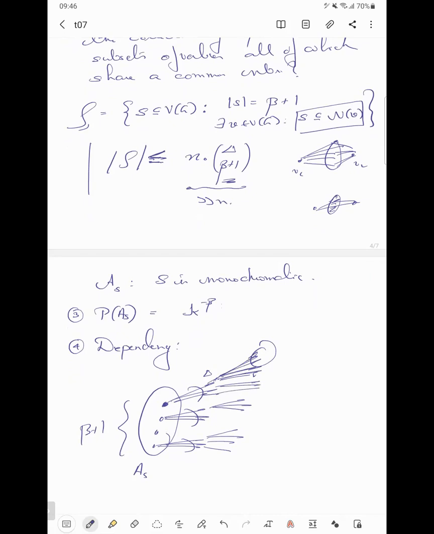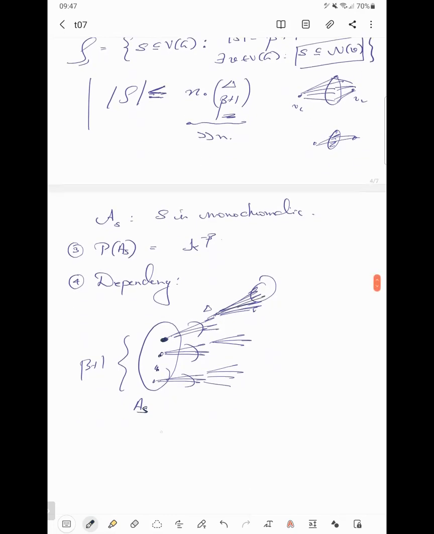But again, saying second neighborhood is wrong. That's why I was stuck with this. But this is the picture. So if you have an AS, which is a beta plus 1 set, the other events that can potentially influence whether this one is monochromatic or not would be those events.